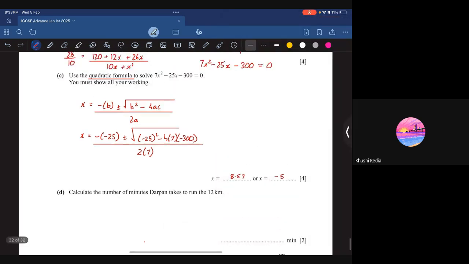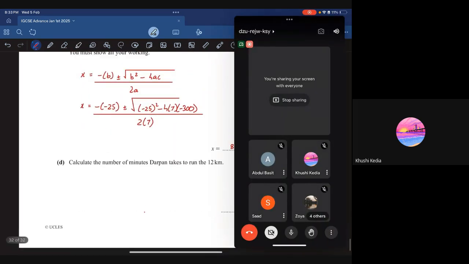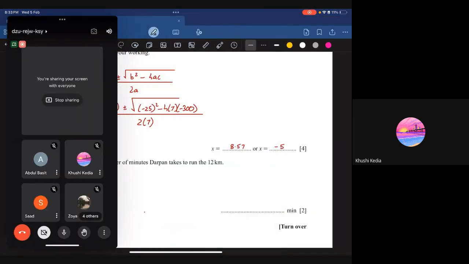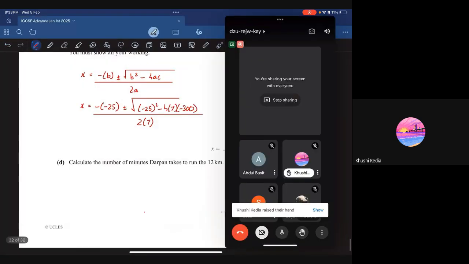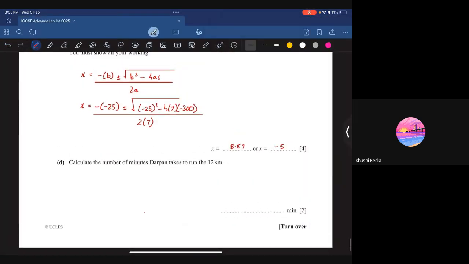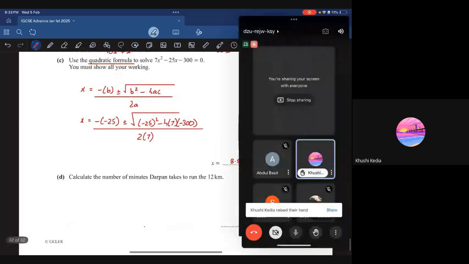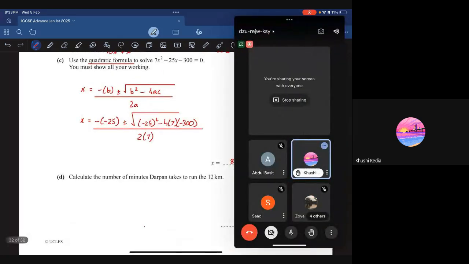Yes. Who has done the last part? Guys, it's too easy. It's like a 2 mark question. Yes, Kushi. Can you do it? Tell us what's the answer. Just give me a moment. Sorry.